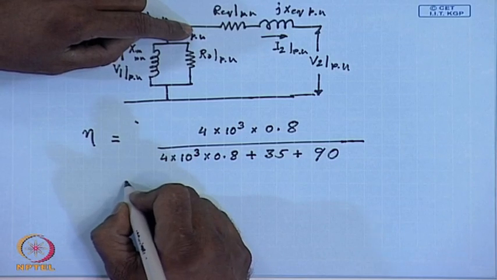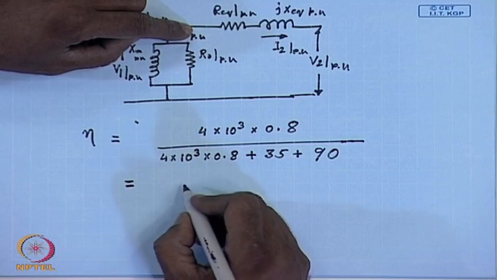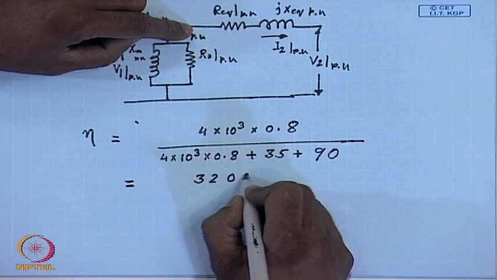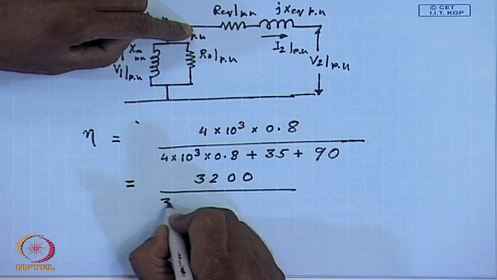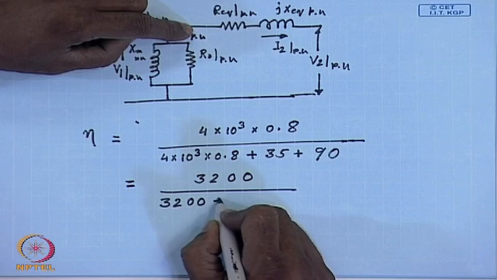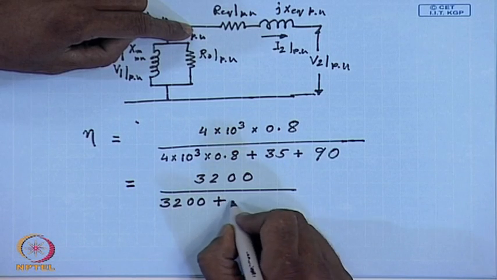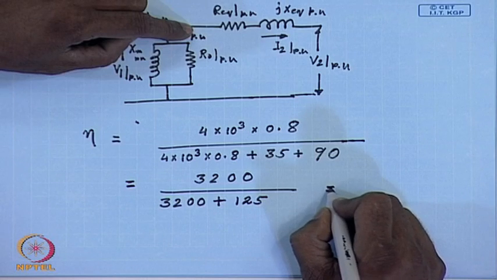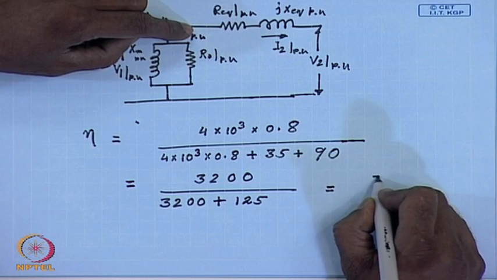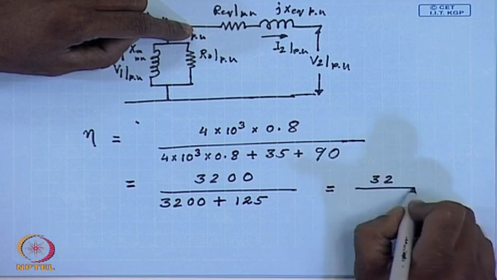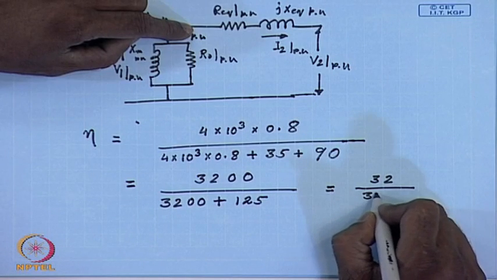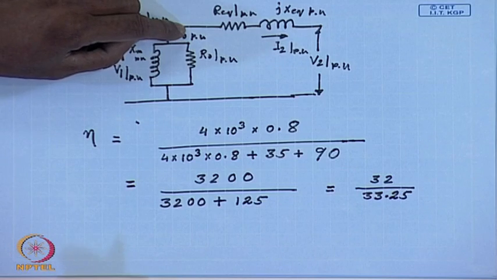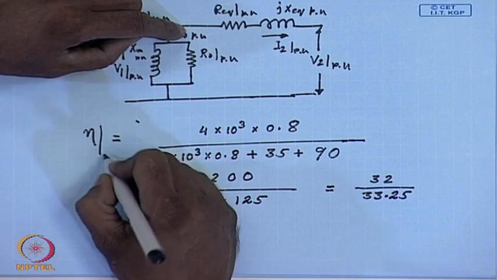So, at full load the efficiency is 3200 divided by 3200 plus 125, that is 3200 divided by 3325. This will be the full load efficiency.